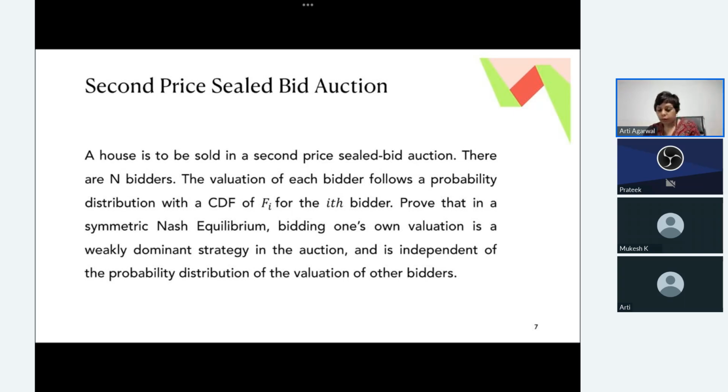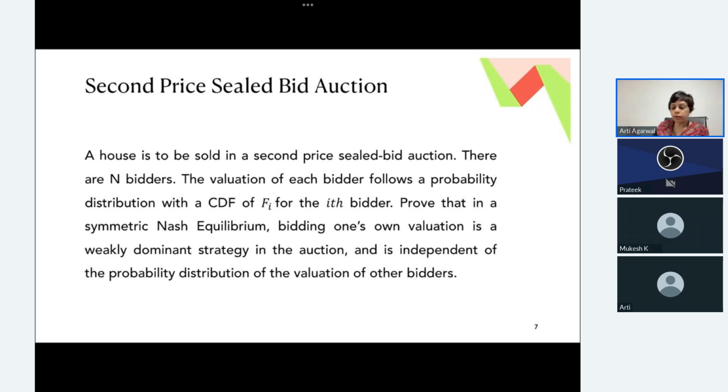You're just given that F is the CDF, but we don't know the form of that CDF. What you have to prove is that there is a symmetric Nash equilibrium in which bidding one's own valuation is a weakly dominant strategy in the auction. And this result is independent of the probability distribution of the valuation of other bidders.